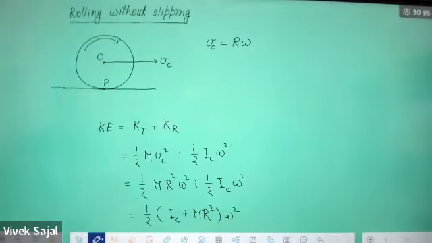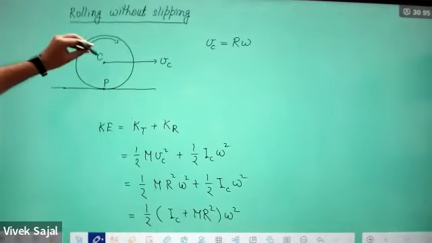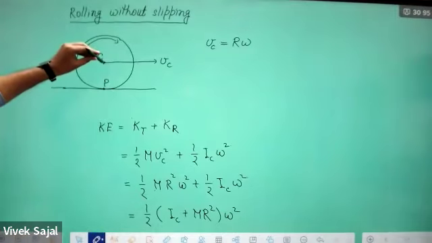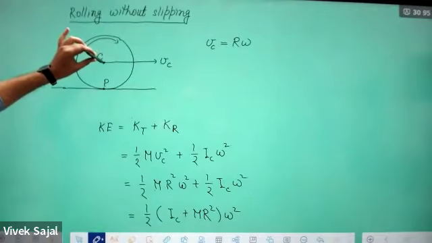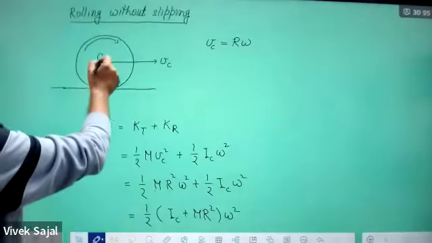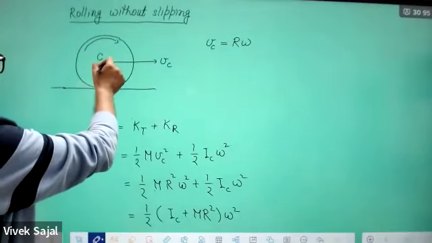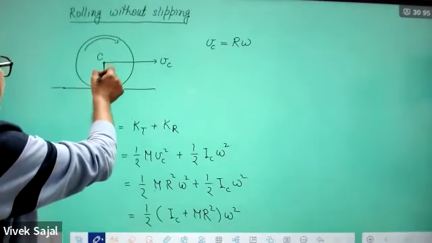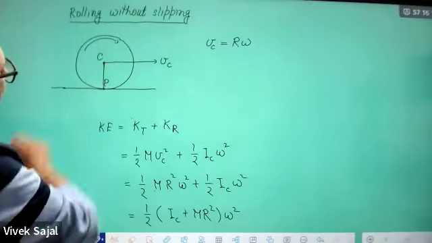What is this telling you? Try to understand what is IC. IC is the moment of inertia of this rigid body about the axis that is passing through C. What is R? R is the perpendicular distance, the distance between this C and P point.